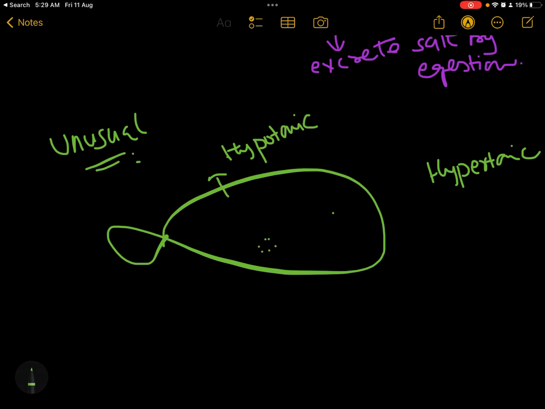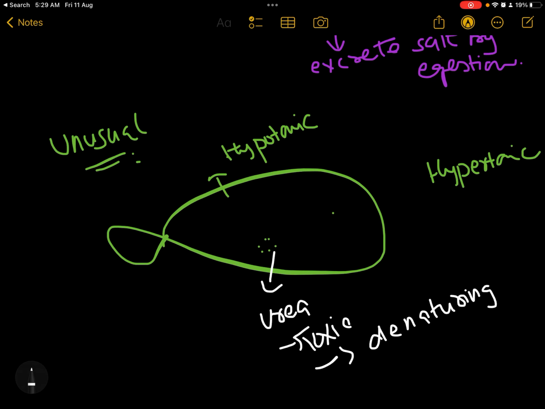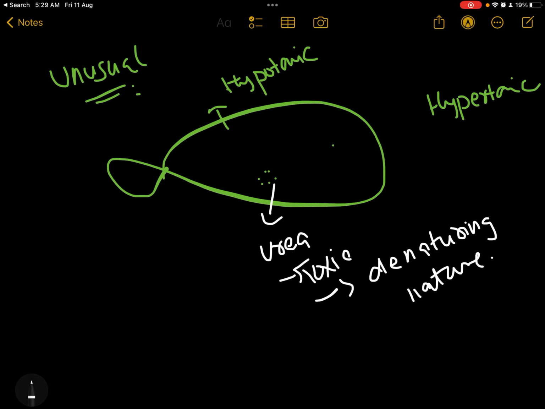There is a small amount of salt, but that small amount is basically urea, which is toxic and has a denaturing nature. It denatures the protein.